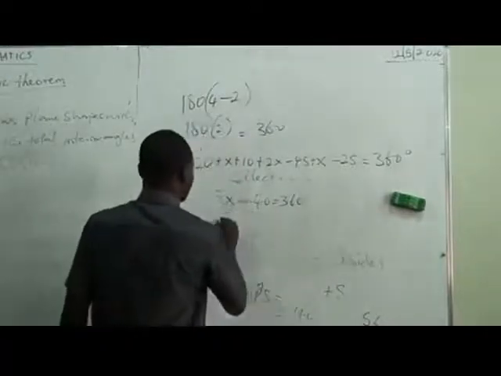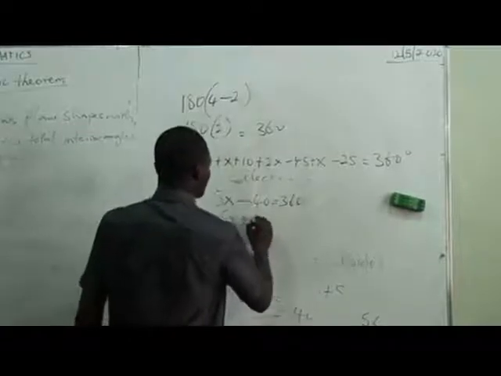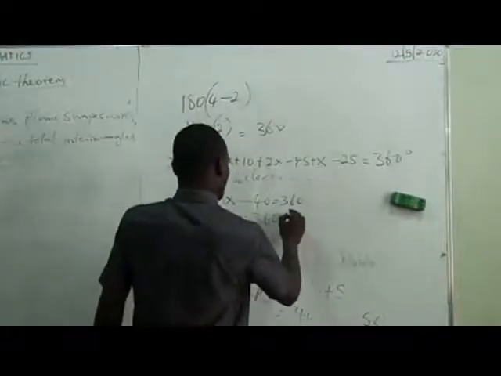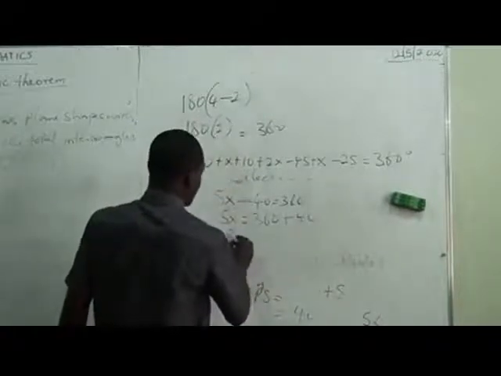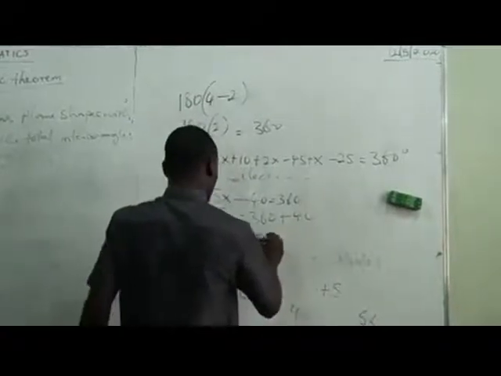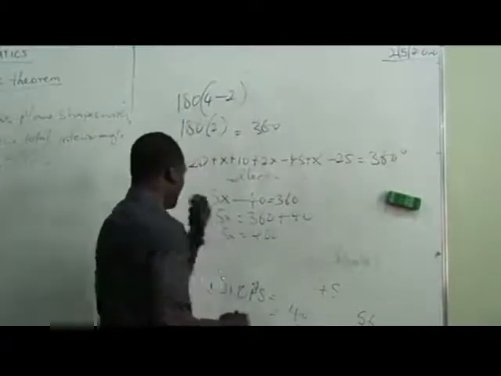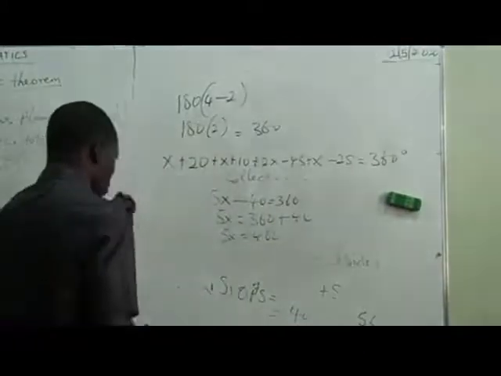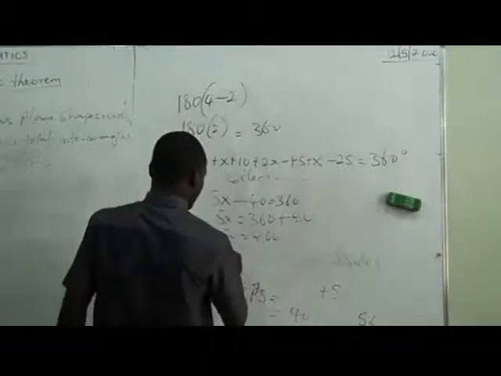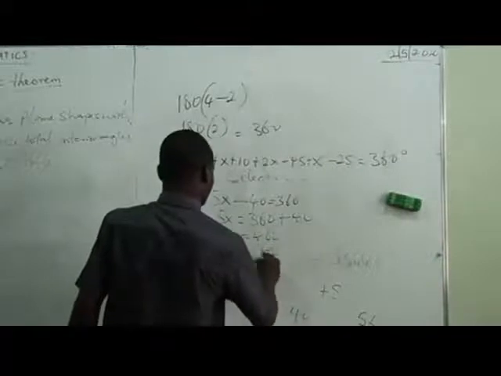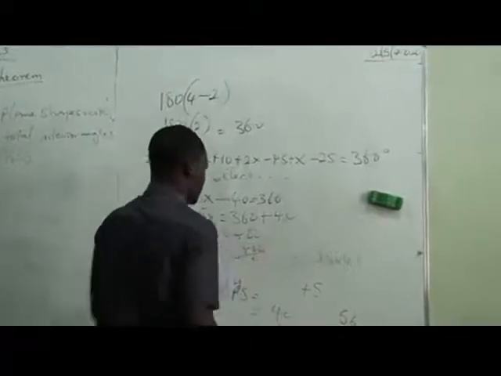Minus 40 equal to 360 degrees. Now you have 5x equal to 360 plus 40. 5x equal to 400. Now you divide both sides by the coefficient of x, which is 5. x is equal to 400 all over 5.